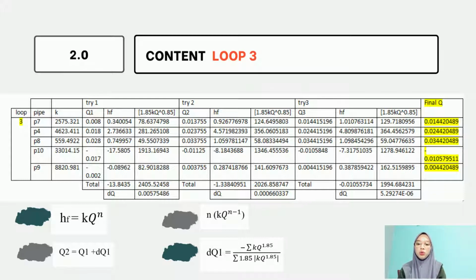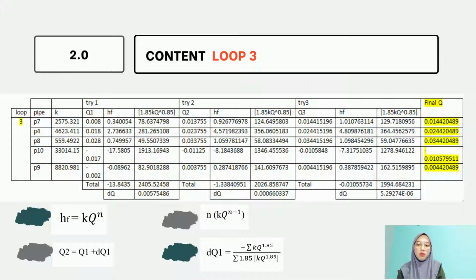For try 2, it is 0.00066. For try 3, the answer of the DQ calculation is 5.2927 times 10 to the power of negative 6.